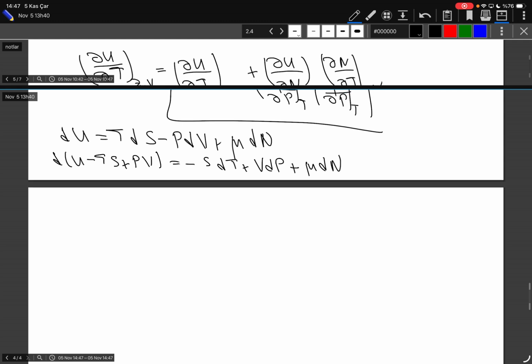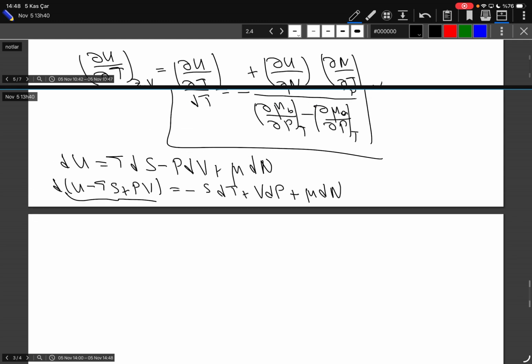Now, that function, this one over here, is called G, the Gibbs free energy. But you see, if you look at the differential of G, G is an extensive quantity.